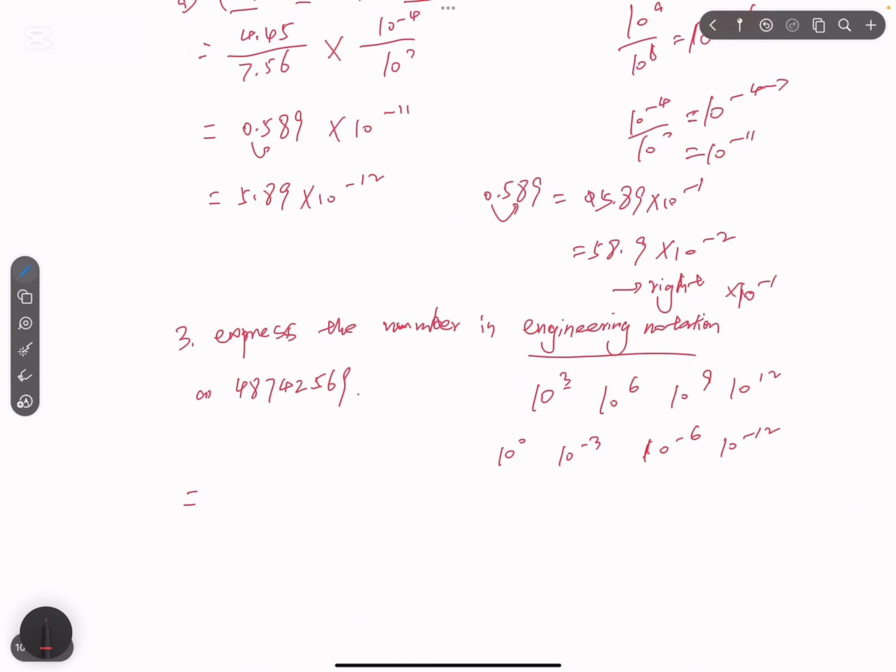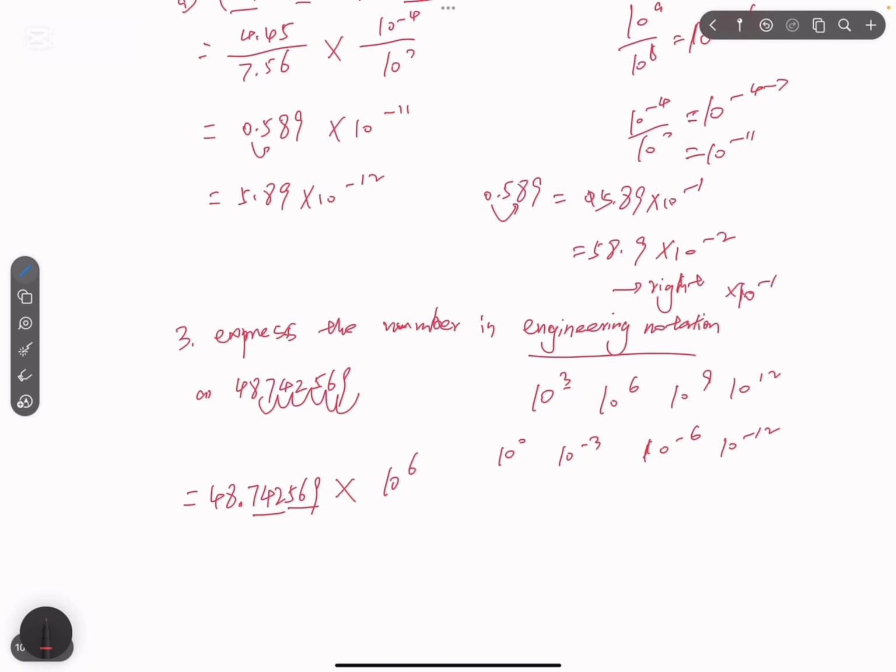So with the decimals here, every time we move the decimal from right to left, we need to multiply by 10. So we move it once, we have 10 to the 1, 2, 3, 4, 5, 6. What's left is 4.874256, we move the decimal after the 4.